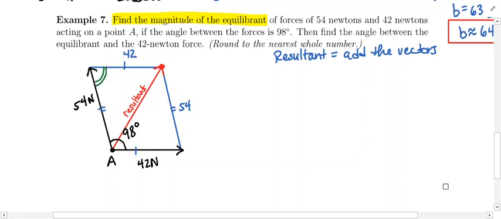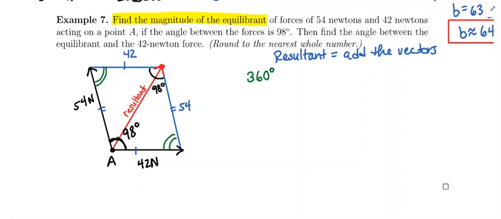I can figure out the measure of this angle and this angle. In a parallelogram, the angles have to add up to 360, and we know that this angle right here is 98 degrees, which means this angle is 98 degrees.